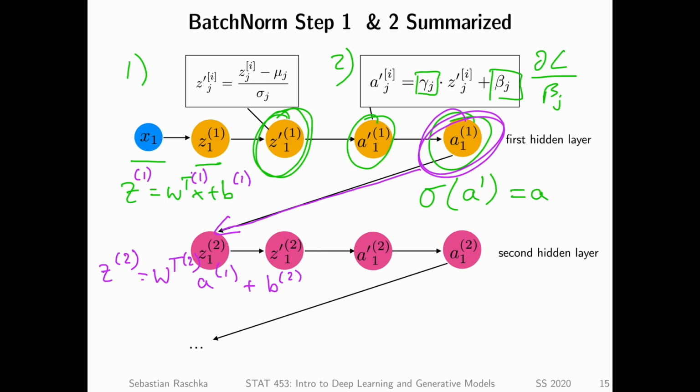So again, we compute the net input as usual, and then we compute again the standardized net input in batch normalization, and we compute the pre-activation, and then again compute the activation, and so forth.